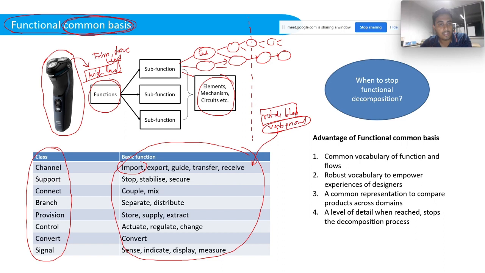Any question? Yes. Does this functional common basis have only these words, or does it have more than these words? It has actually more than these words. It's just verb terms only, but they are more in number. But is it any defined number, or if it is not a defined number, then how can we reach a common ground?